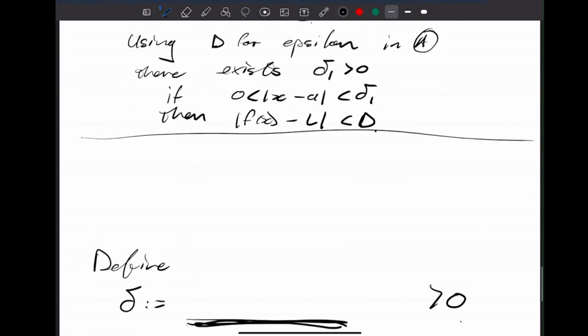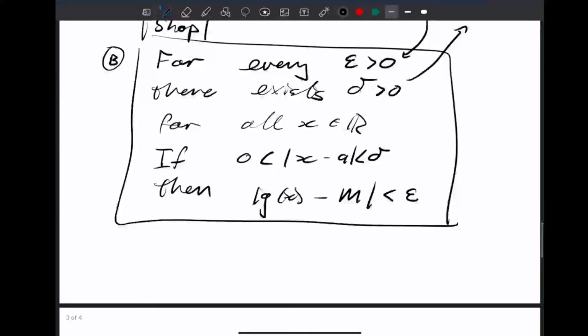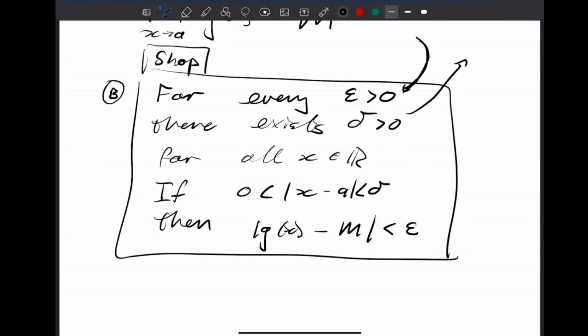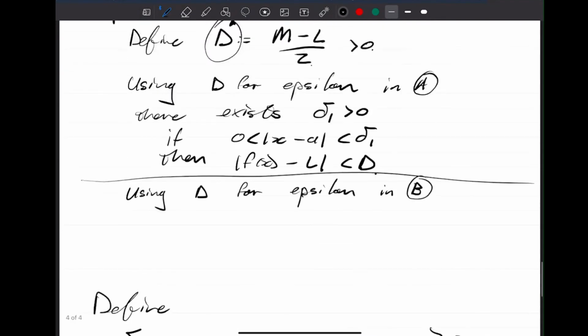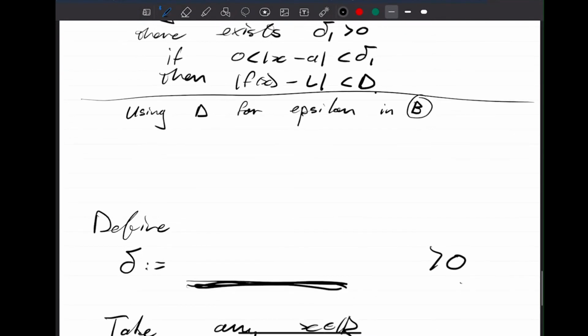And now we're going to do the same with b. So using the same d for epsilon in b. So now we're paying with d here, and we're getting a delta out.